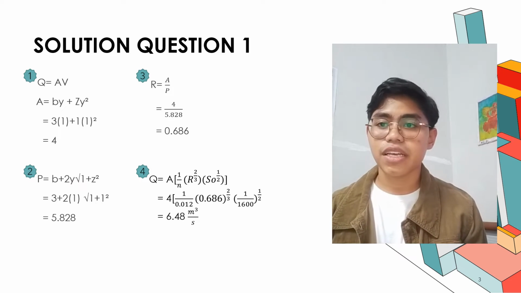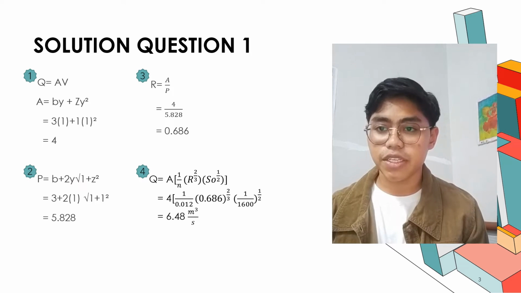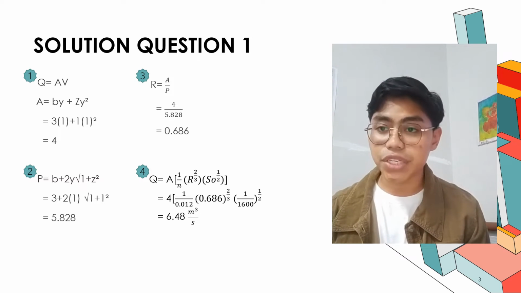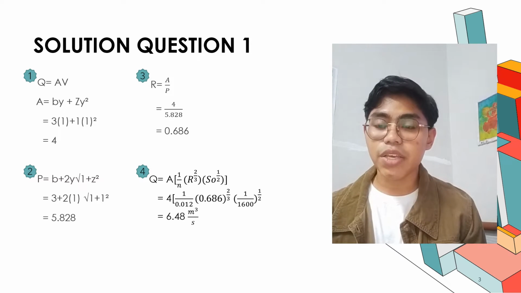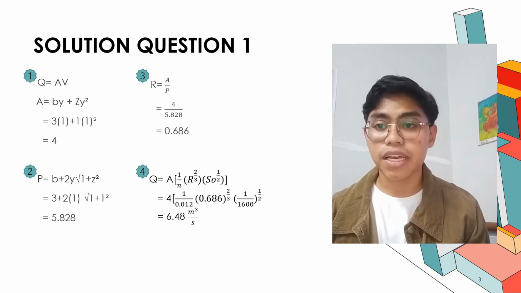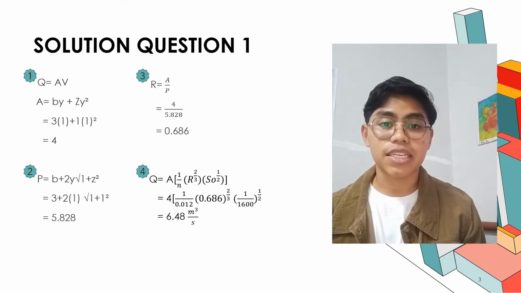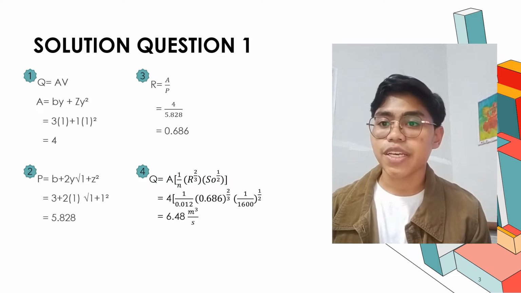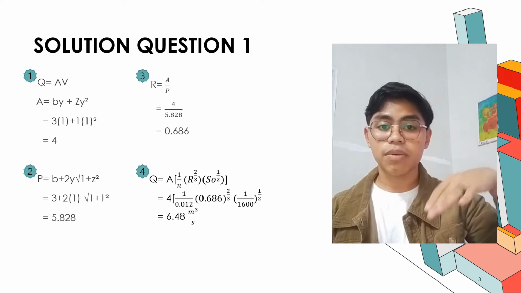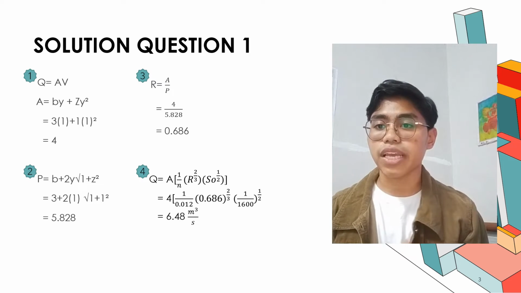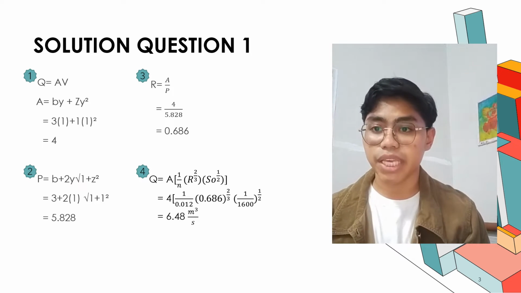After that, we have to identify the V. So what we need to do, we have to identify from the other equation, which is P. Using P, we use the equation P equal B plus 2y square root of 1 plus Z power of 2. And so when we put all the values in, we can get 5.828 for the answer of P.